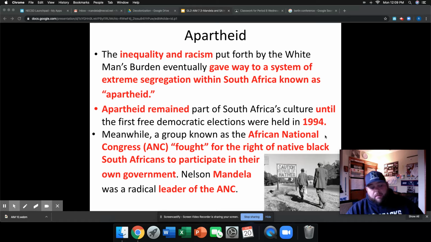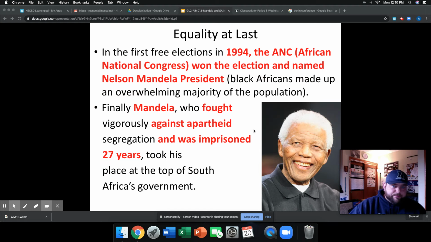But there were other parts of the African National Congress that were almost paramilitary, that took a more aggressive, for lack of a better term, approach to this independence movement for native blacks in South Africa. And Nelson Mandela was a radical leader of one of those more militant wings of the ANC.